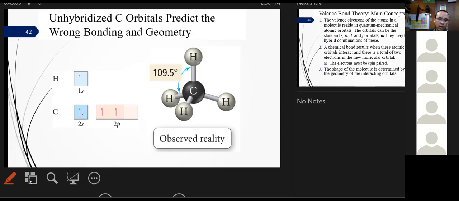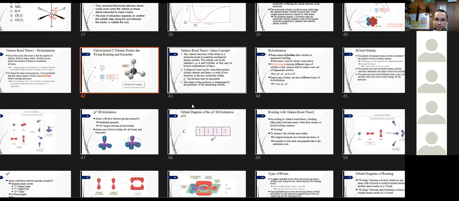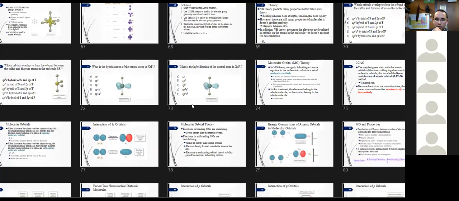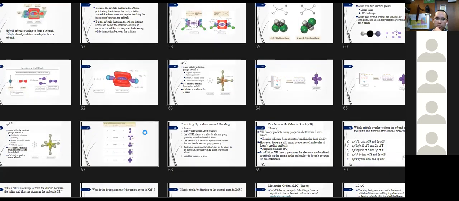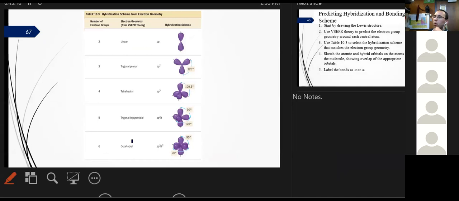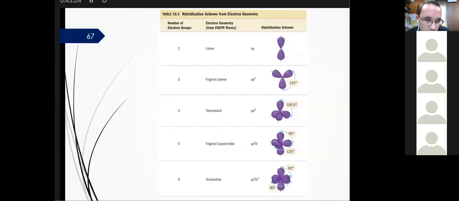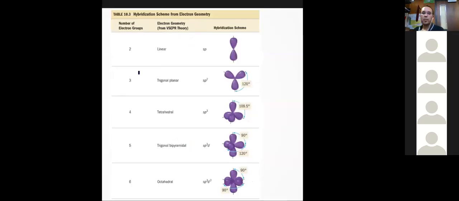So your electron groups or regions get you to what hybridization has to occur. Your electron group number tells us what the hybridization is. Those things will always match.